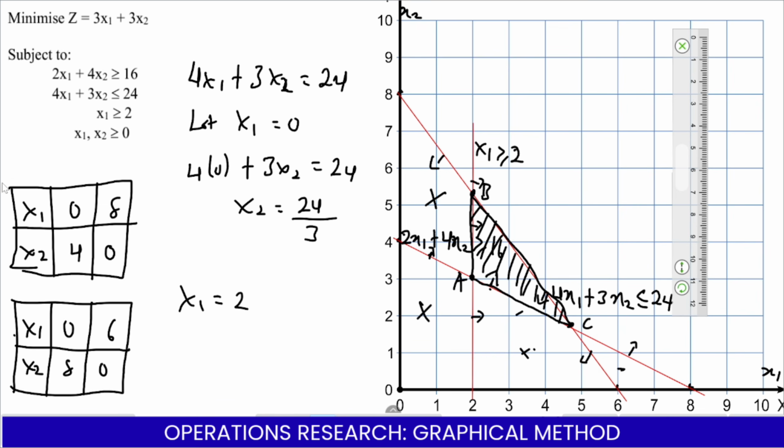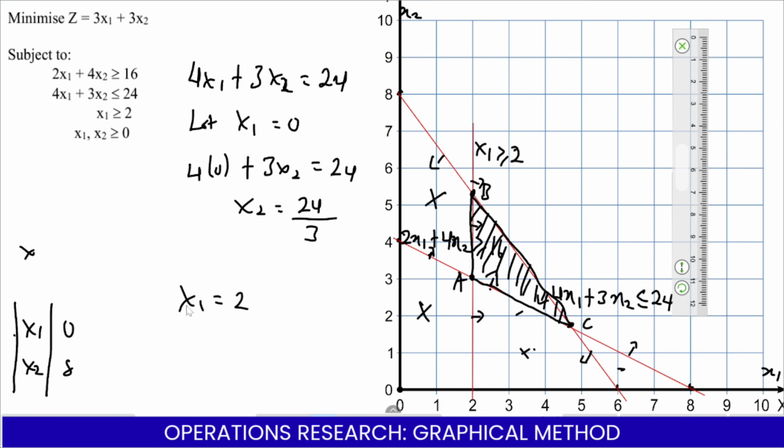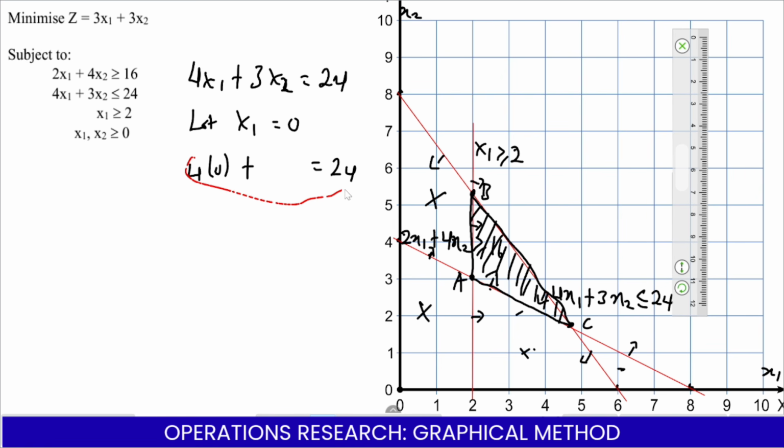All right, let's write down our points nicely.